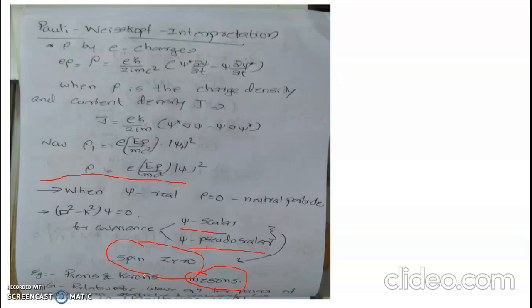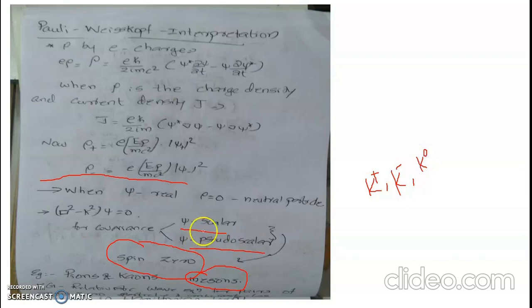This also implies the concept of the occurrence of antiparticles along with particles. Corresponding to a particle, there occurs an antiparticle as well. And later on, in 1936, these pions and kaons having charge K plus, K minus and neutral kaons were identified, and these particles have spin 0 as well.